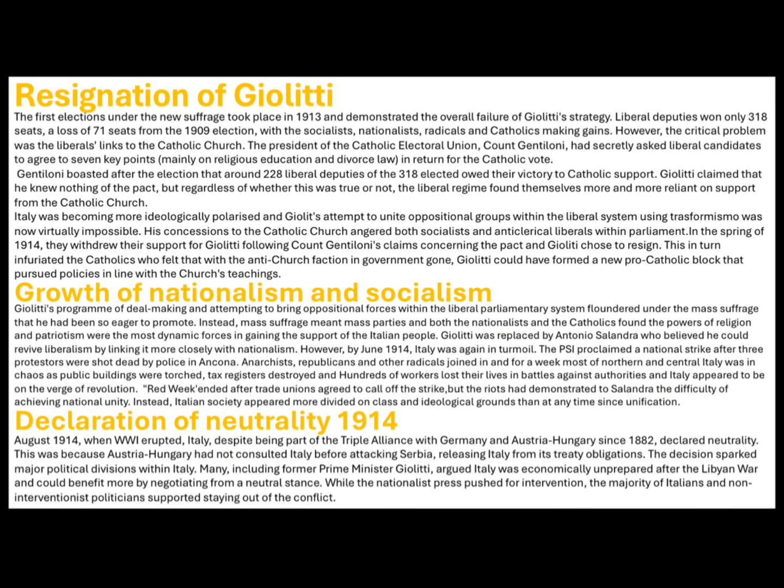The decision sparked major political division within Italy. Many, including Giolitti, argued Italy was economically unprepared after the Libyan War and could benefit more by negotiating from a neutral stance, while the nationalist press pushed for intervention. The majority of Italians and non-interventionist politicians supported staying out of the conflict.